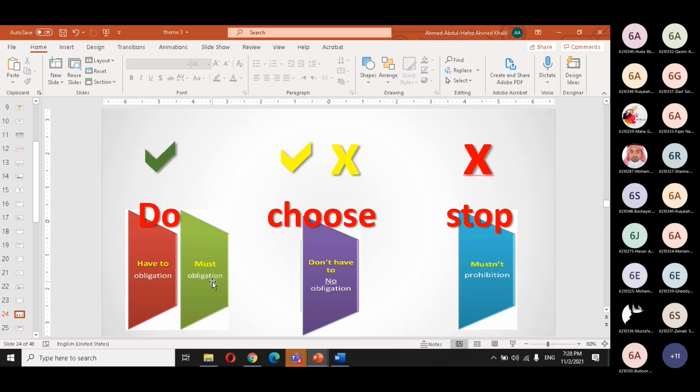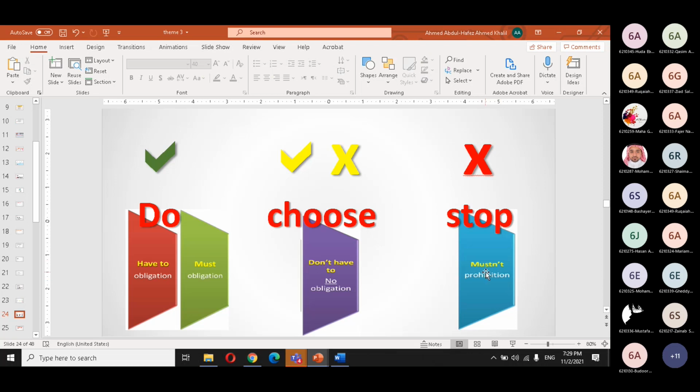There is obligation. في إلزام. Okay? Here, if something necessary, دي ضروري إلزام ودي فيها إلزام. بس هنا في إلزام إنك تسوي. هنا في إلزام إنك ما تسوي. Prohibition, يعني أنت ممنوع. Okay?